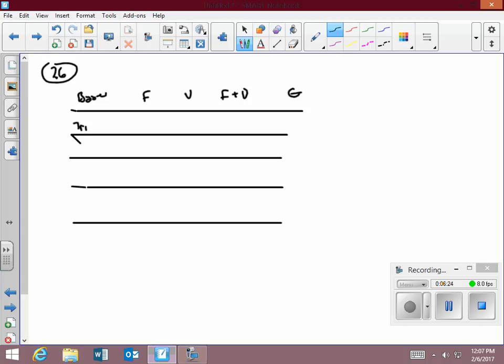This is a triangle. How many faces are on that? So 8. 1, 2, 3.